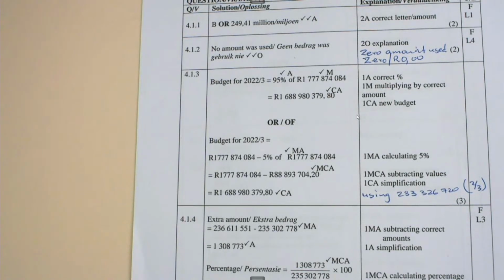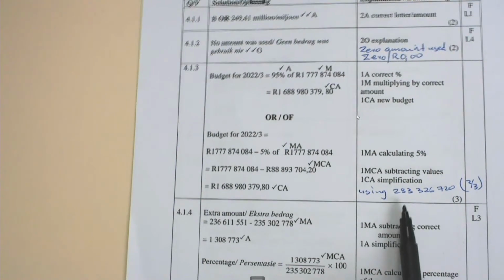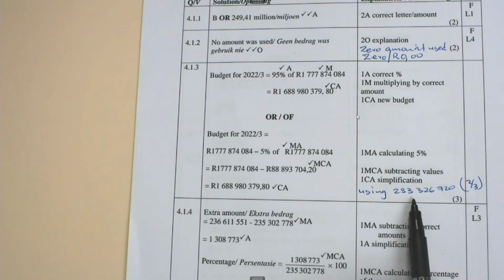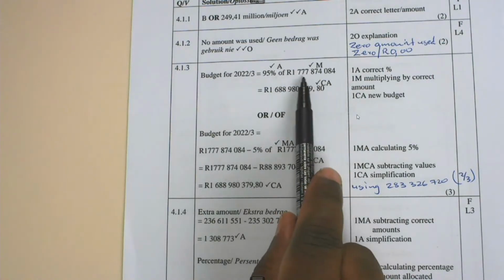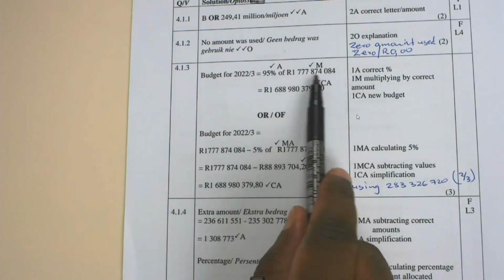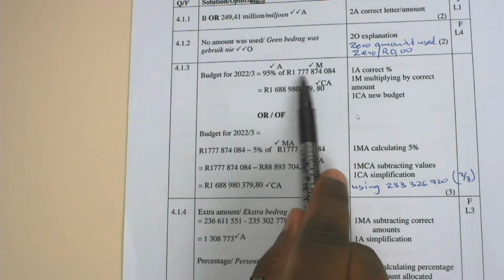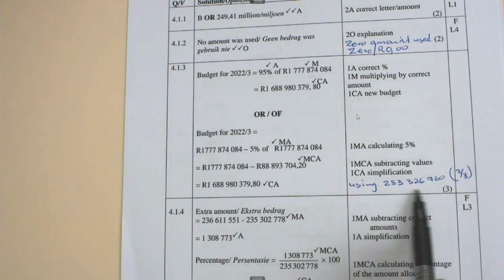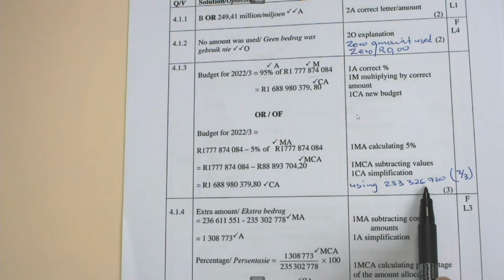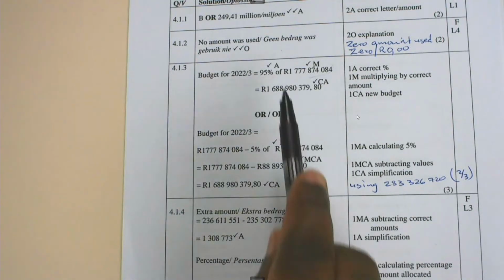But let me say, if the learners are using that amount, learners will get 2 out of 3 instead of using 1,700,000. If the learners are using that amount multiplied by 95, no, they are not using that. They are using this amount or this value there.